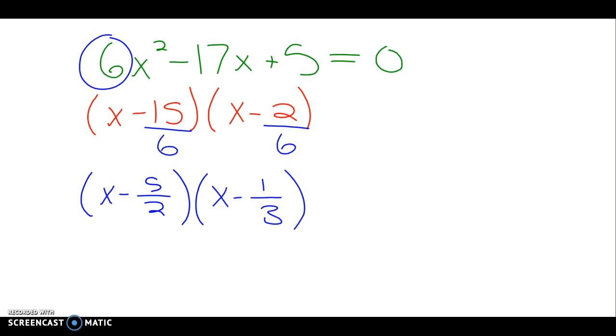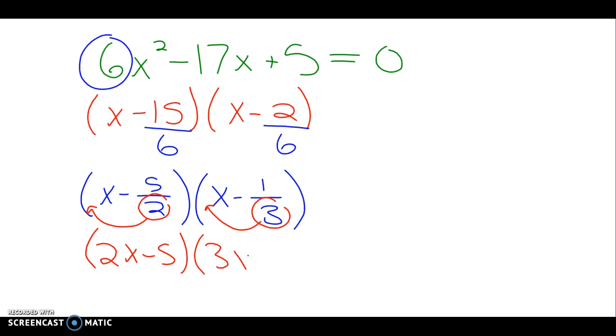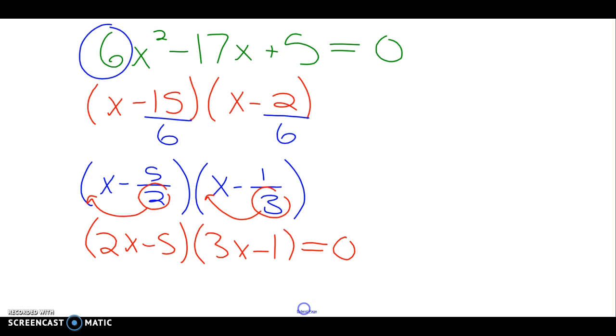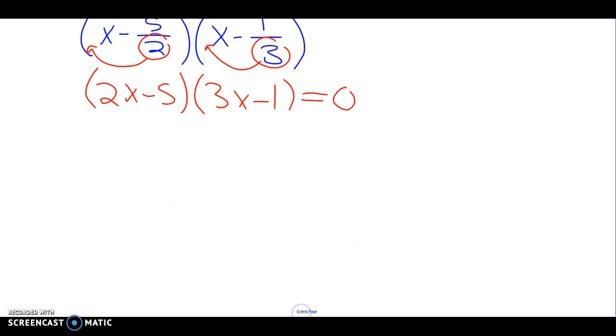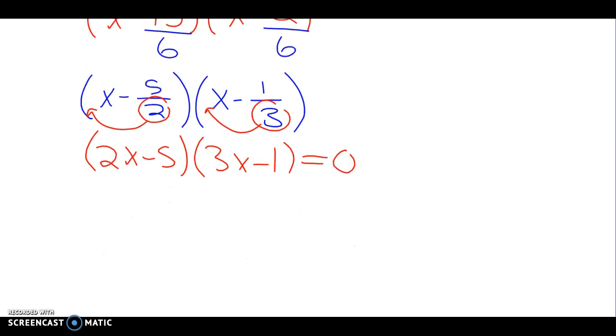And then we take our bottoms up. So 2x minus 5 is this factor. This factor is 3x minus 1. And then, if you haven't caught on yet, the answers are just going to be the opposites of these. So it's going to be positive 5/2 and positive 1/3.